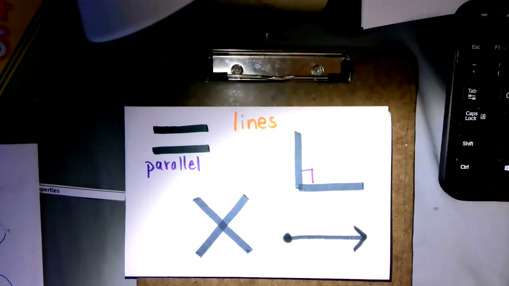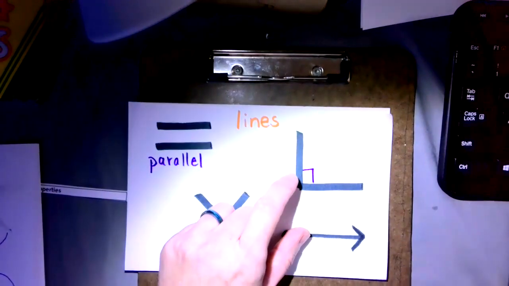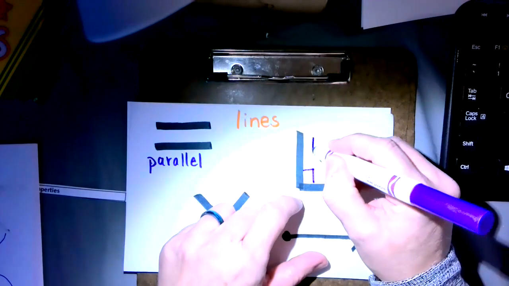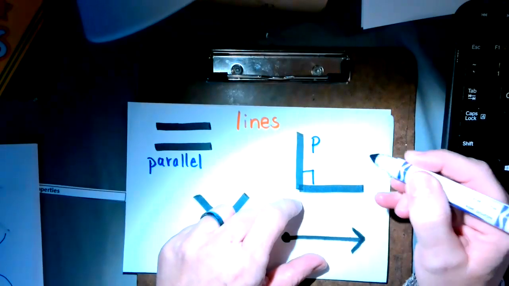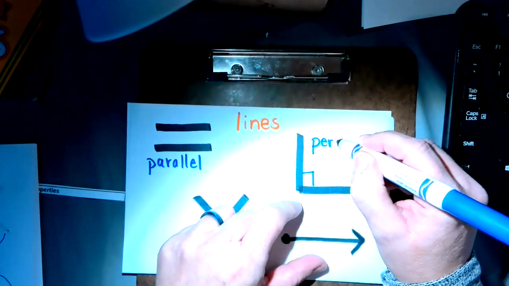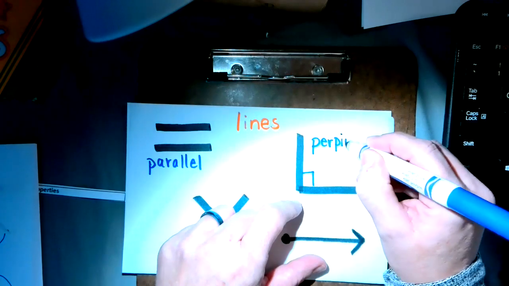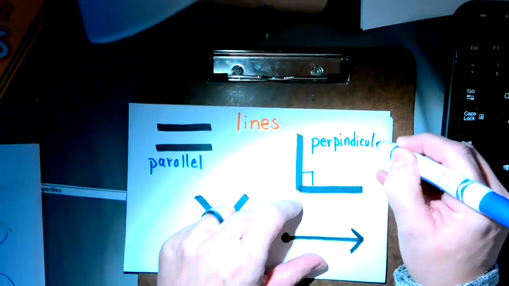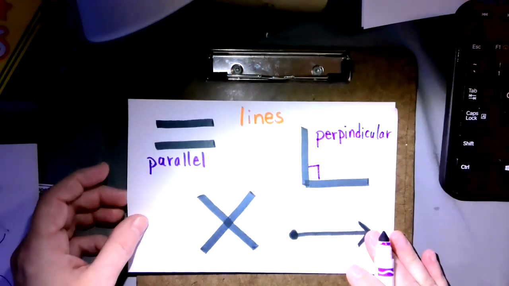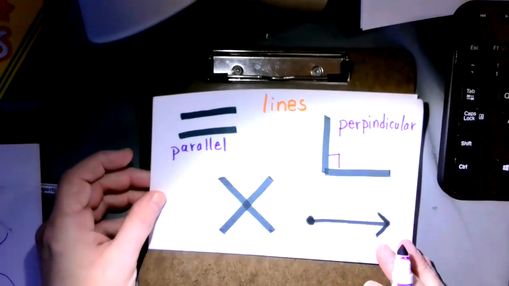It is a right angle, but what kind of lines would you call those? Begins with a P. Perpendicular. Remember that, perpendicular? That's a long word, isn't it?